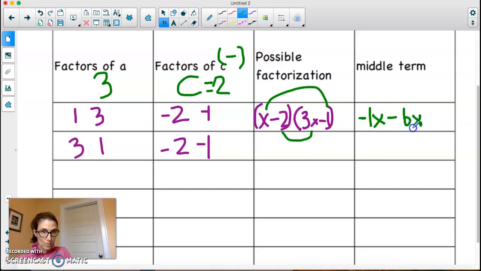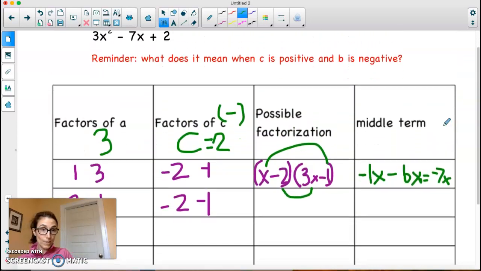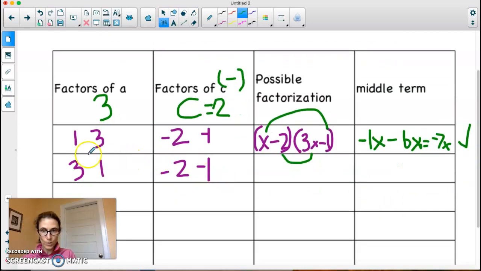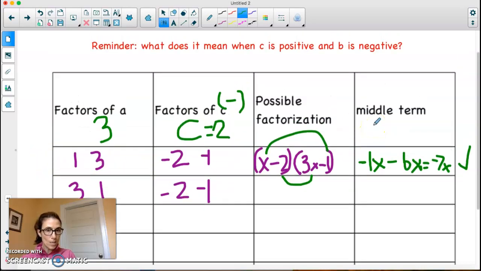That adds up to -7x, which is what we were looking for as our middle term. So we lucked out by getting that on the first shot. If not, then you would have tried your factors in this order.